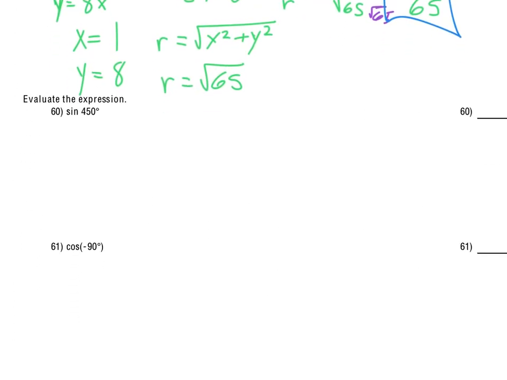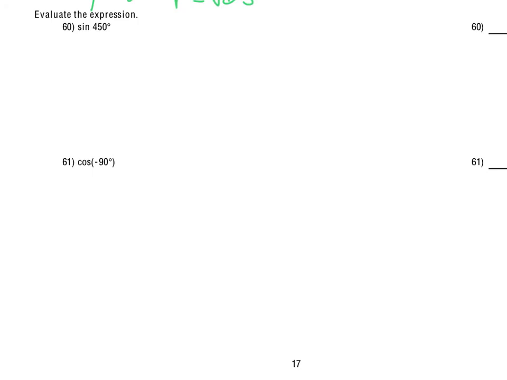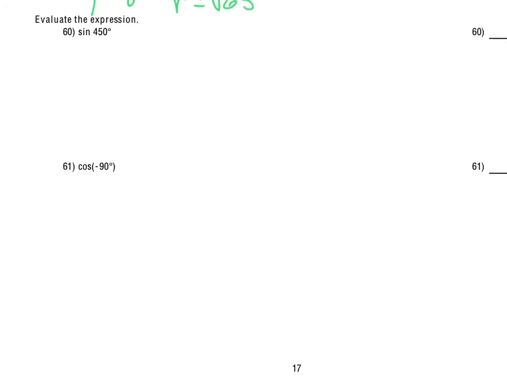Number 60, we want to evaluate the sine of 450 degrees. You might be thinking to yourself, how am I supposed to do that? First of all, 450 is over 360. So let's see what 450 degrees really is. And we find out that's 90 degrees. Well, 90 degrees, simple enough because that's just straight up here. I just need a point that's on that terminal side.